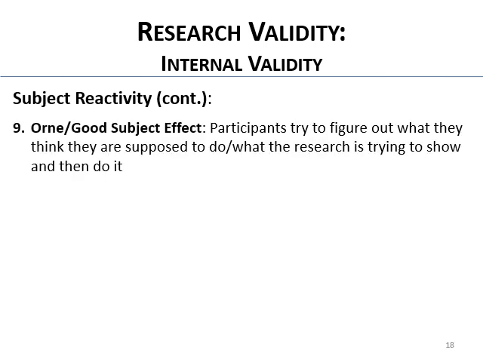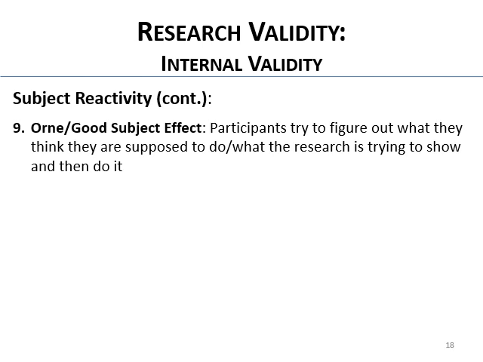Then there's the Orne, or the good subject effect, again named after someone. And this is sort of like that response set we talked about where people try to respond in positive or feel-good ways. This is when participants try to figure out what it is you want them to do.